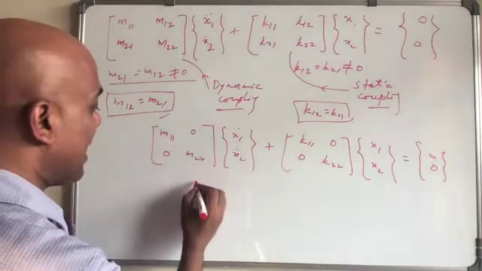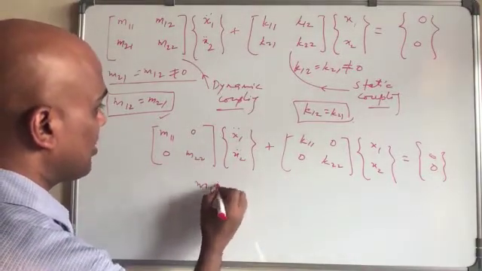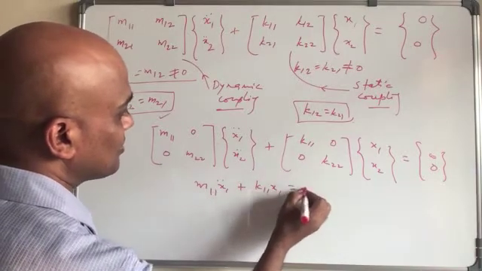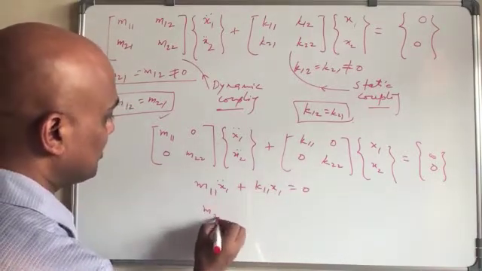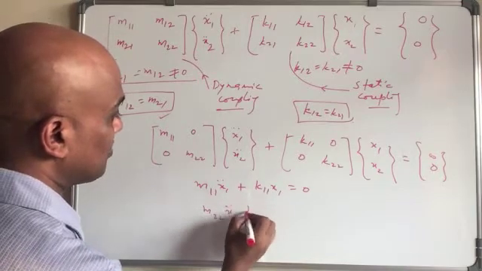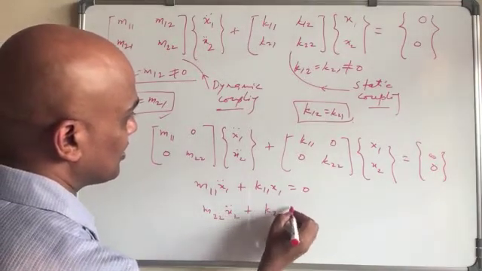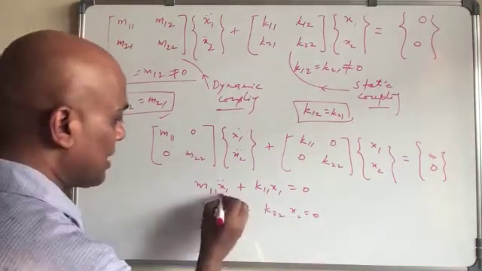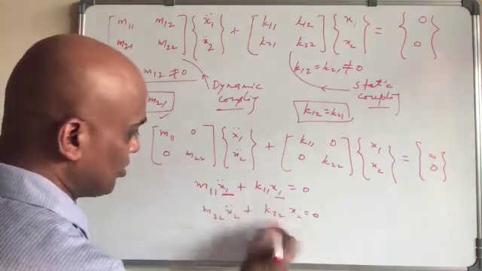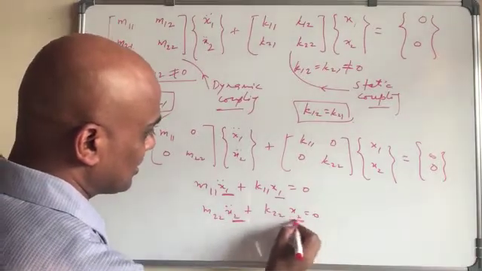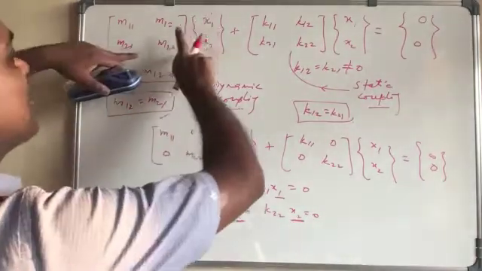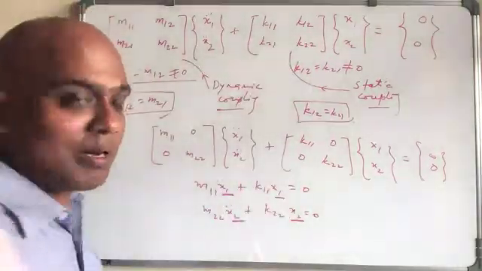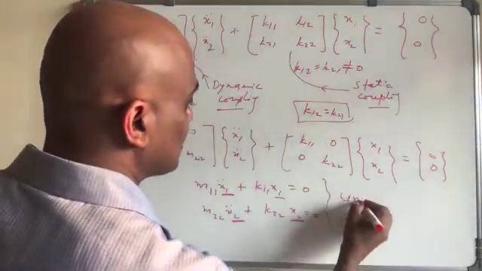If you expand, the first equation will be M11 x1 double dot plus K11 x1 equal to 0, and the second will be M22 x2 double dot plus K22 x2 equal to 0. There is no x1 in the second equation. But in the coupled case, if you write two equations, x1 and x2 will appear in both of them. Here they are totally uncoupled, so you call it uncoupled.